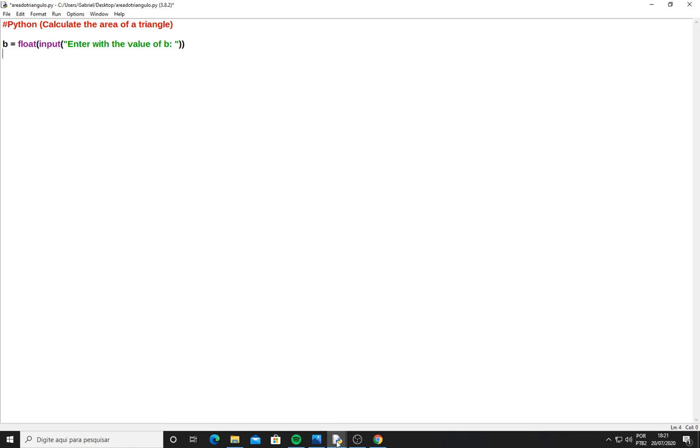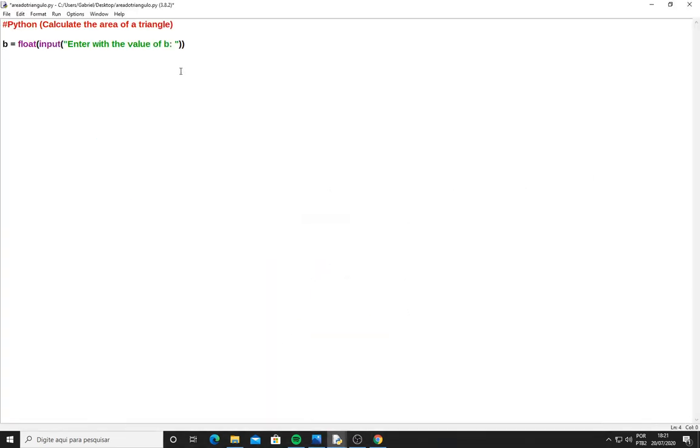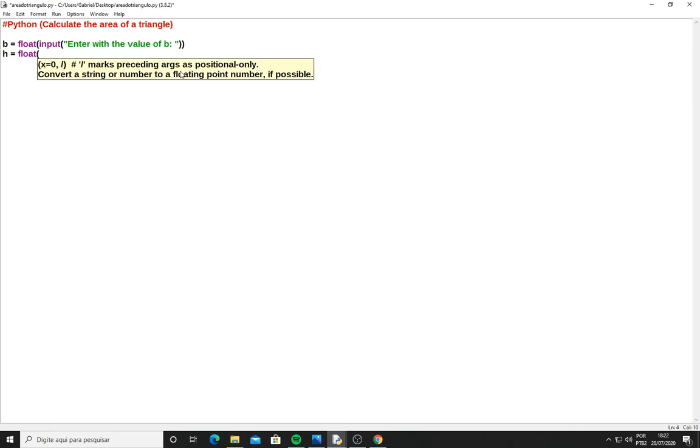Now I have the formula again. In the formula I have the height, h. Sorry, it was in my main language. So now I have the h, and I will convert it to float and then input here.